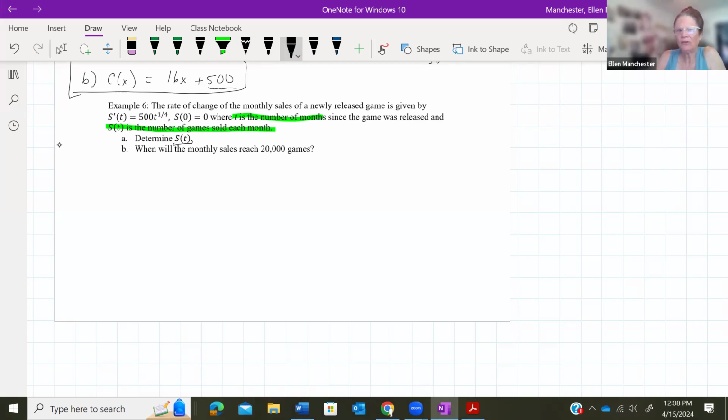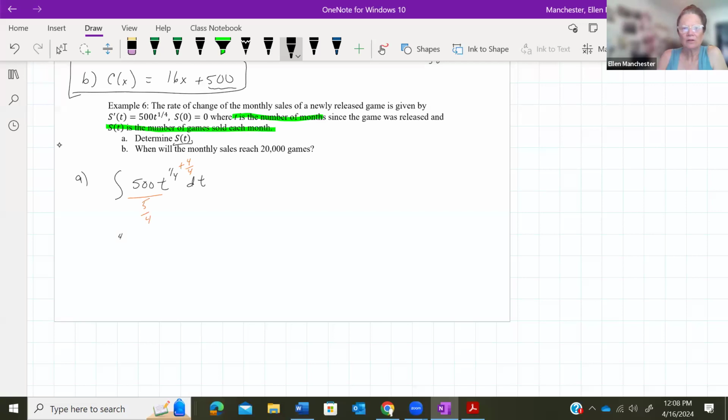Okay, so determine our sales function. They gave us the derivative of the sales, so what we're going to do is change that derivative back to the sales function. So we're working backwards. Anytime you're given the derivative, you take it with anti-differentiation back to the original function. So we add one, divide by my new exponent.